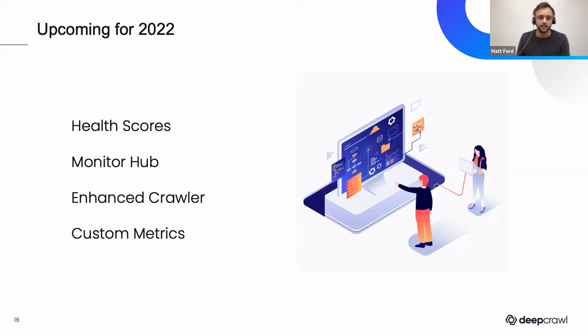This is an area that we think will definitely improve the way that you can, at a glance, look at where the core areas that need work are. If your health score for content is tanking, obviously that's an area that you should probably focus attention on if everything else is looking good. So we're aiming to introduce that this year, and probably we're looking at the second half of this year for health scores.